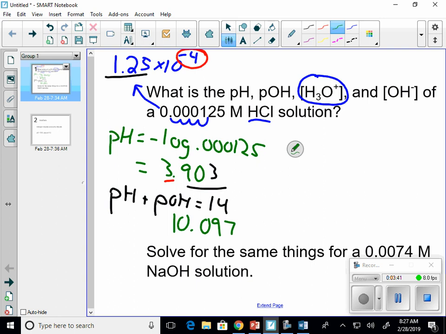Now again, when solving for the hydroxide concentration, you could do hydronium times hydroxide equals 10 to the negative 14th. I'm just going to do the inverse of the logarithm function. So hydroxide would equal 10 to the negative pOH, which is 10 to the negative 10.097.